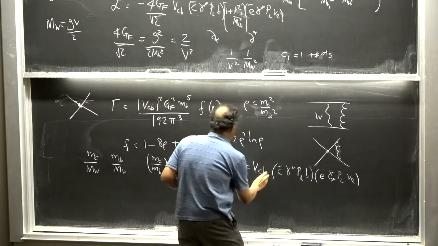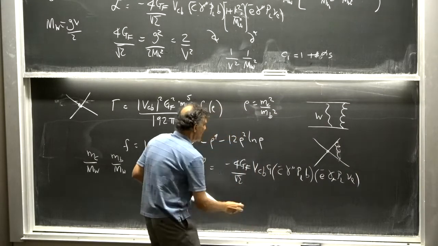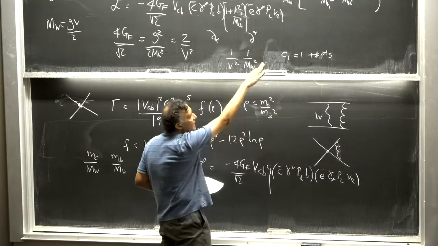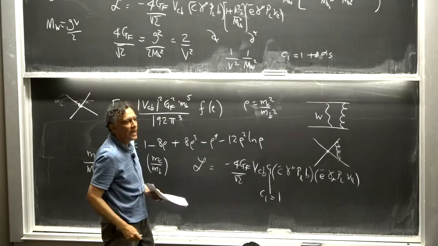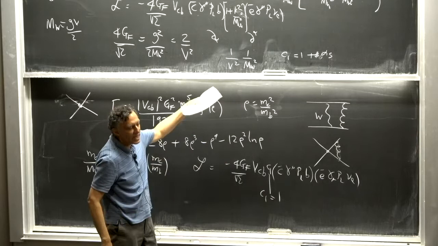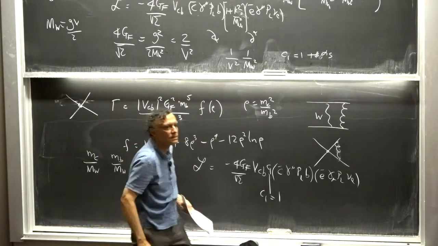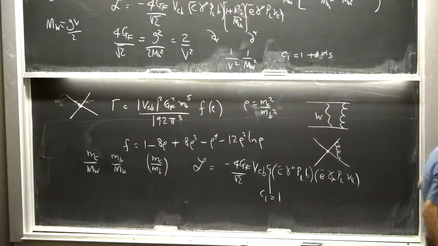And then there's a C1 here. And at tree level, okay, our calculation shows that C1 at tree level. That's what I mean. And there will be an order alpha correction, which we can calculate. So I won't do this precise one, but a very similar calculation where you can do it in much less time.